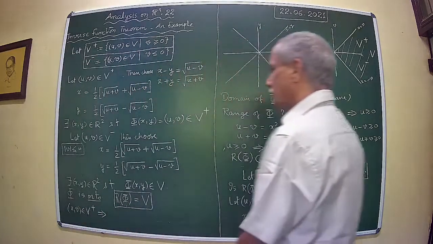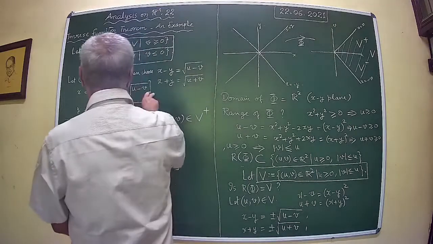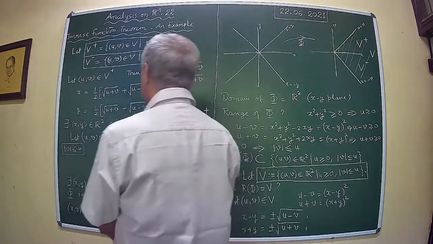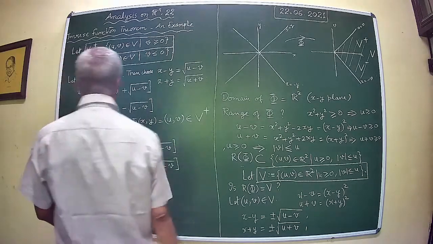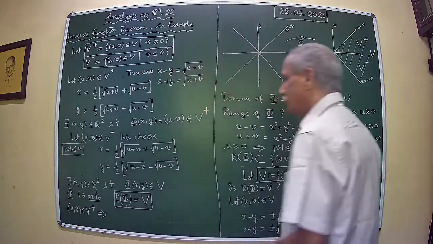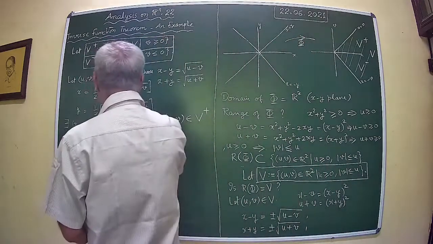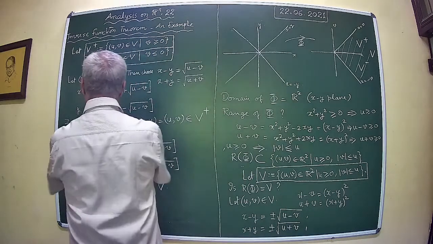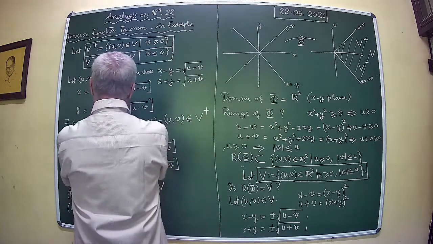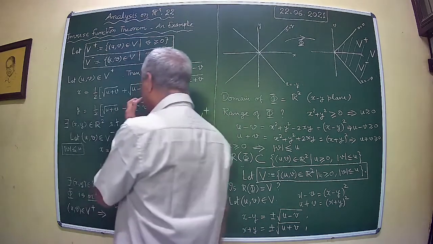It implies x is positive, y is also positive, because this is certainly less than this, since we are taking the positive square root on both sides, and this is certainly less than that.